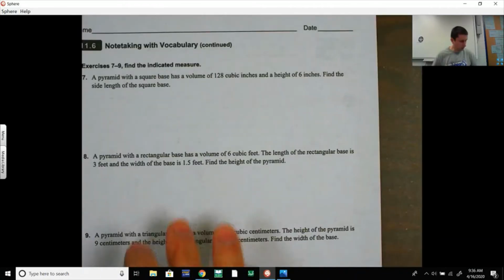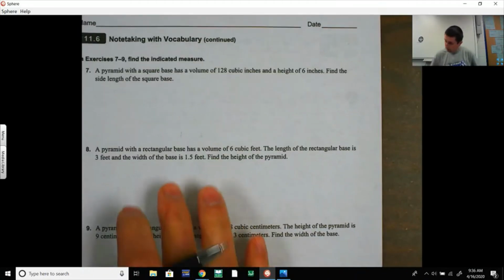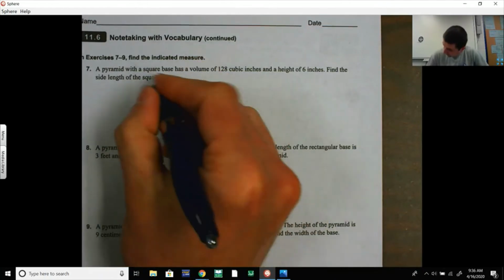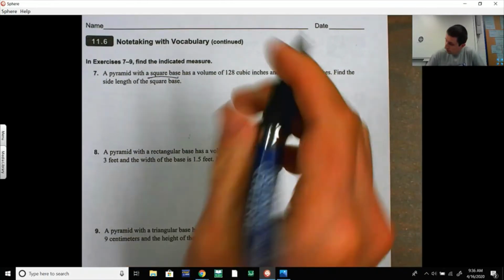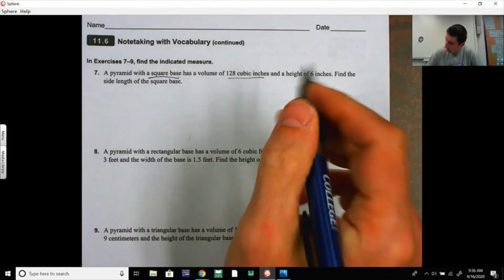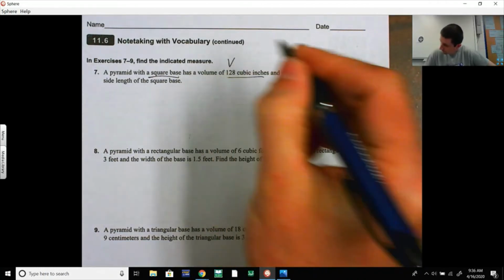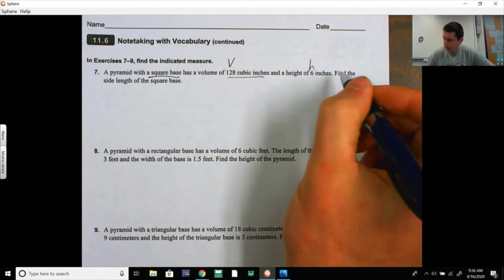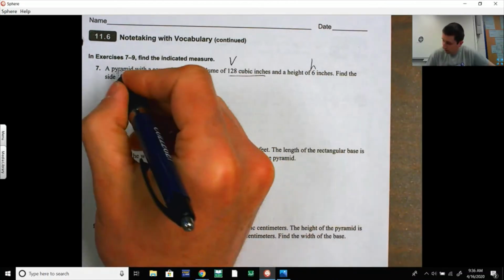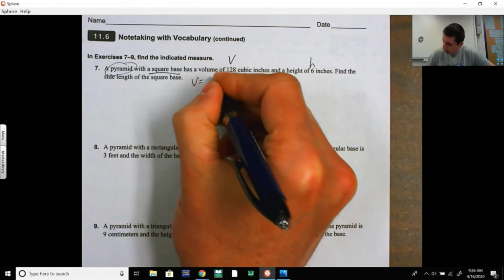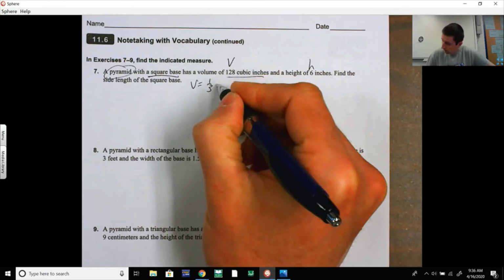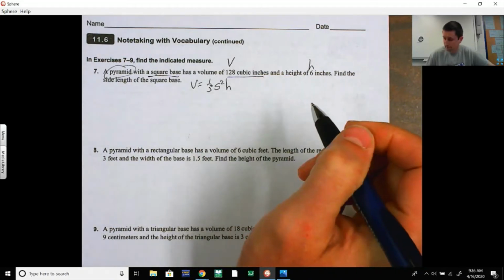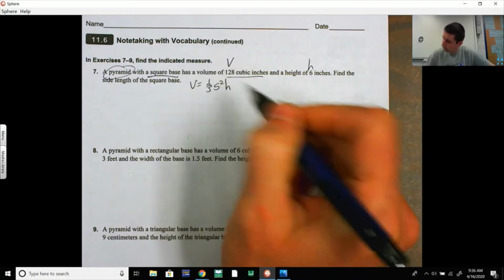Okay, word problems. Woohoo. A pyramid with a square base has a volume of 128 cubic inches. So they're giving us the volume, this is V, and a height of 6. Find the side length of the square base. So we have a pyramid, so volume equals 1/3 S squared H, because it's the area of the base, it's a square.